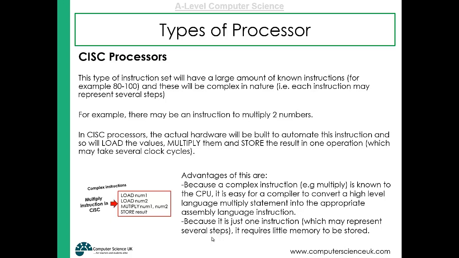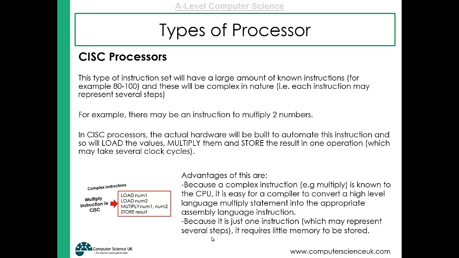So when we're talking about multiplying two numbers, we still need to load those values and store those results as well. And in a CISC processor, the multiply instruction will have that load and store operation automated within that instruction. Okay, and it might take several clock cycles to complete.